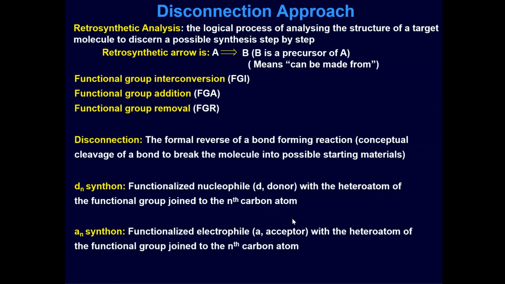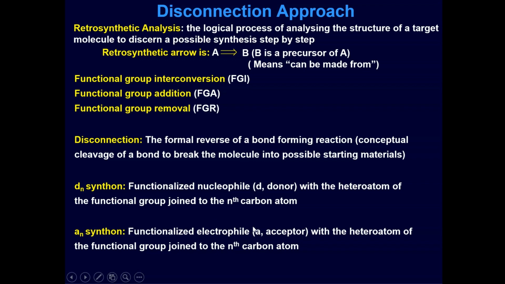We also use another term, that is AN synthon. These are called acceptor synthons. If it is a donor synthon, it is donating electrons. Opposite to that is the acceptor synthon. Acceptor synthons are functionalized electrophiles.